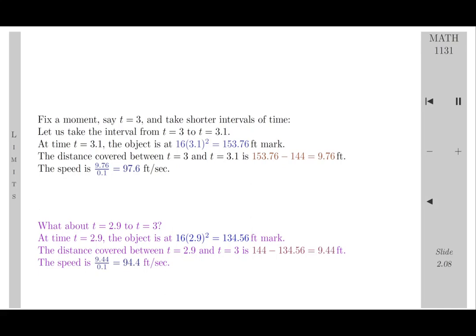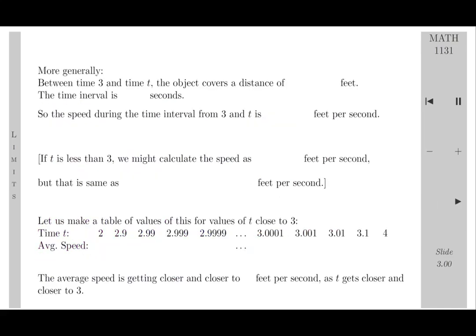Let's do this algebraically to make our calculations more efficient. Between time 3 and time t, the object covers a distance of 16 t squared minus 144 feet. The time interval is t minus 3 seconds. So the speed during the time interval from 3 to t is 16 t squared minus 144 divided by t minus 3 feet per second.